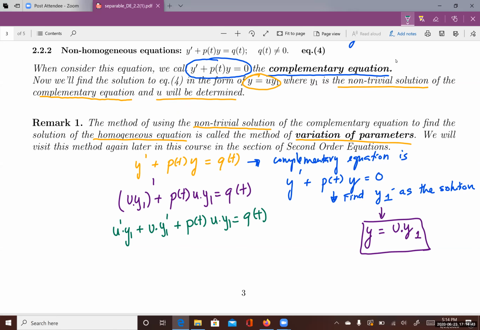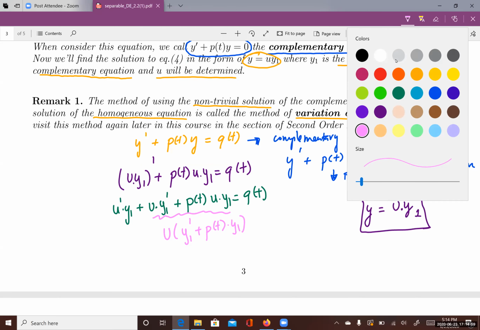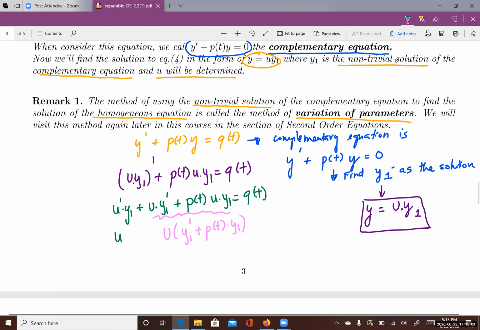And if we look at these two terms right here, I can factor u out, and we have y1 prime plus p of t times y1. And I still have this term, u prime y1, plus this term equals q of t.